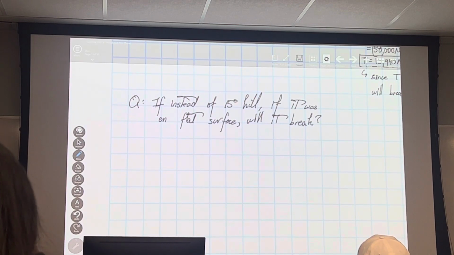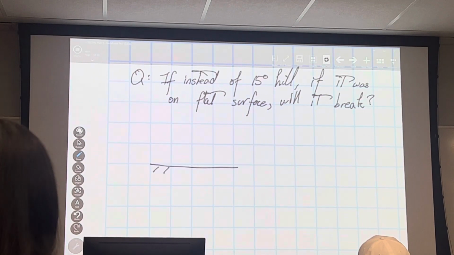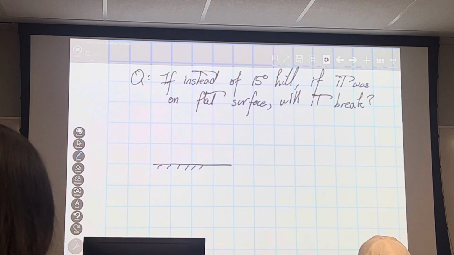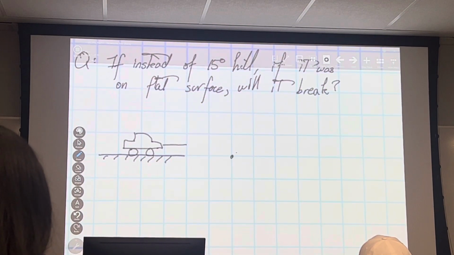So to do this, you have to start all over again. Draw our little sketch. It is on a flat surface. Draw our little car, as such. And then we draw the free body diagram. What is this going to look like this time?